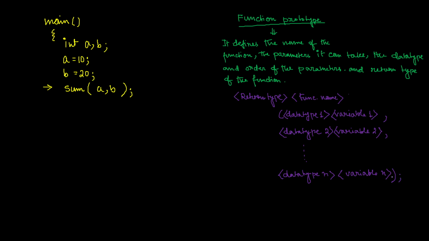This value of n can be anything. It can be 2, 3, 4, 10, 20, it doesn't matter. Any number of values you can pass as parameters from the main function to another user defined function.